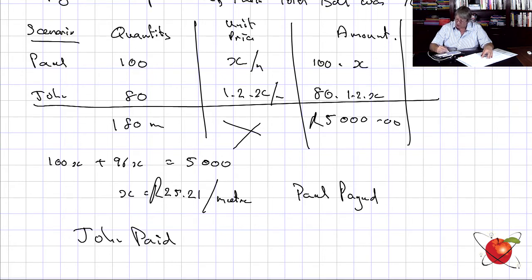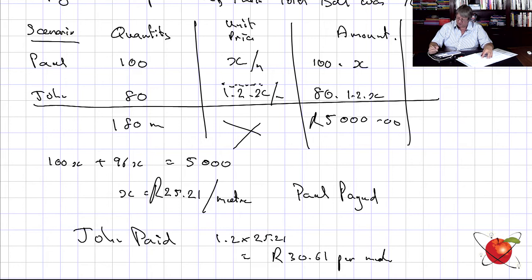He paid 1.2 times 25 rand 21. That's what he paid, which is 30.61 per meter. Okay.